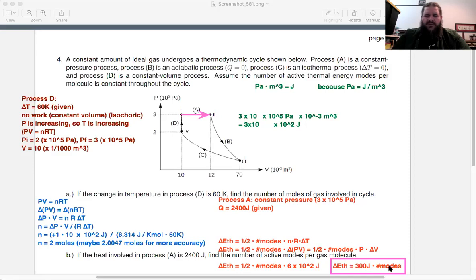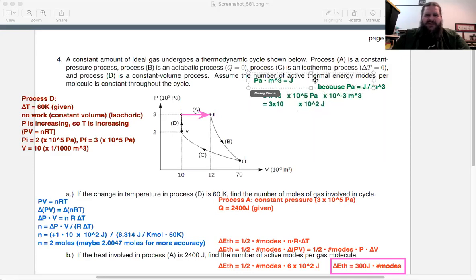So we know that the number of modes times 300 joules is the delta E thermal. Is there any other way we can find the delta E thermal involved here, based on the other information we have about process A? Generally, what causes a delta energy to happen?